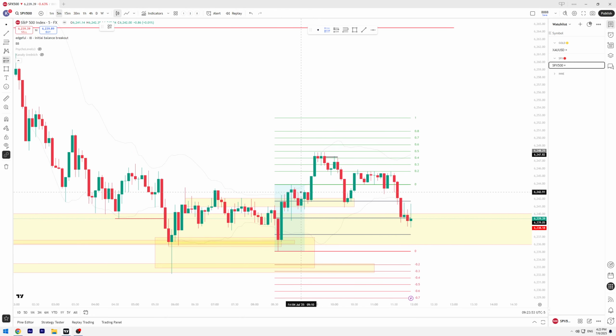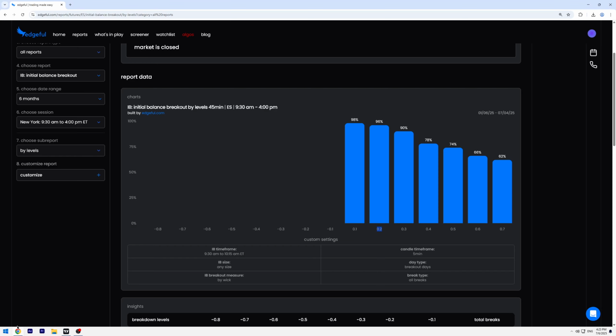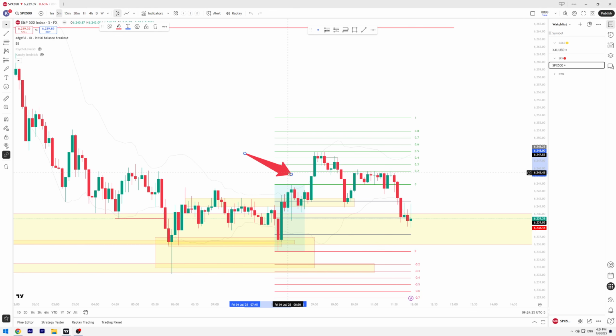So if we have a breakout here, it's very likely that the price will hit the 0.2 level, 96%. For the other ones, 90% for 0.3, and it decreases down to 0.7. I only use the ones above 50%, so it's basically an edge, and it's very likely that price goes to these levels.